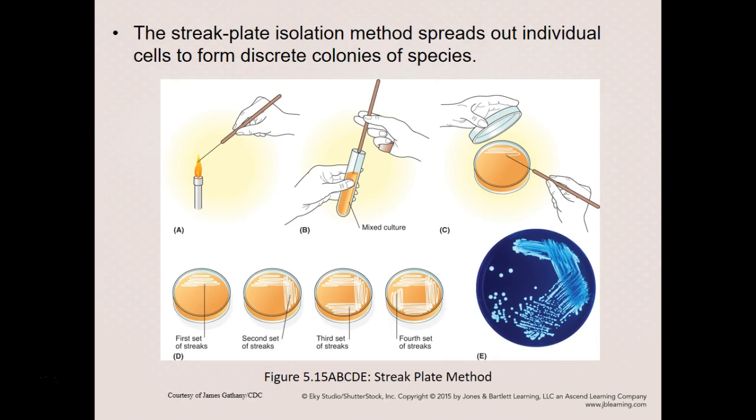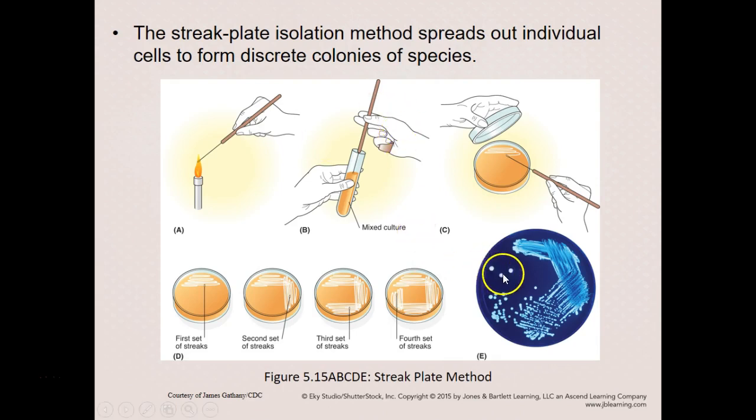So if we're looking at, say, a sample of dirt from some pasture or something, they ask us to tell them what type of microbes are here. We can take the dirt, put it into a broth, and then grow the broth and produce a streak plate that will allow us to have isolated colonies.